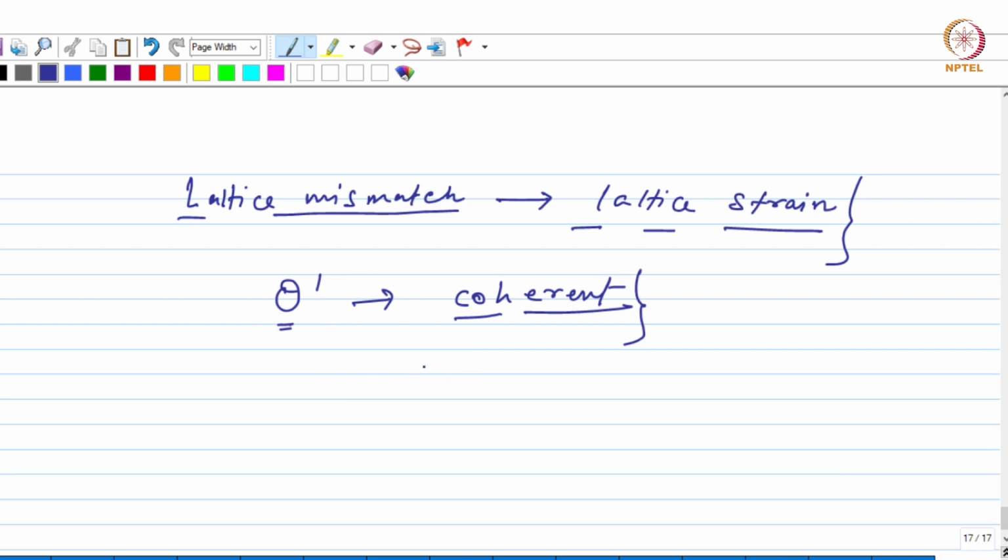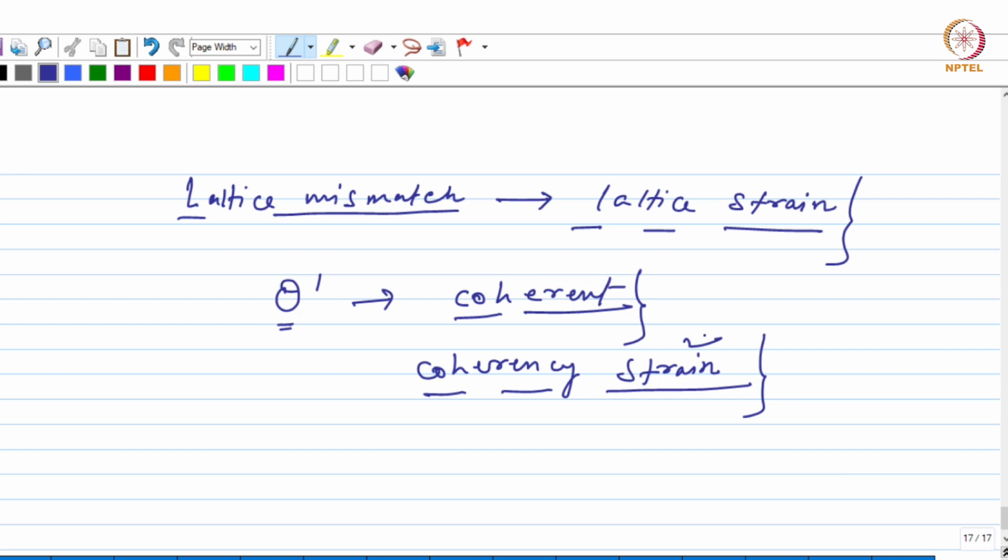Okay, so that is known as coherency strain. So now in terms of the dislocation mechanism, same thing will happen. The dislocations will find it difficult to move because of this presence of the strain in the lattice, and therefore the hardness and the strength will increase.